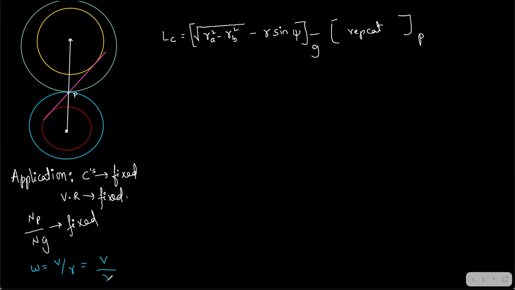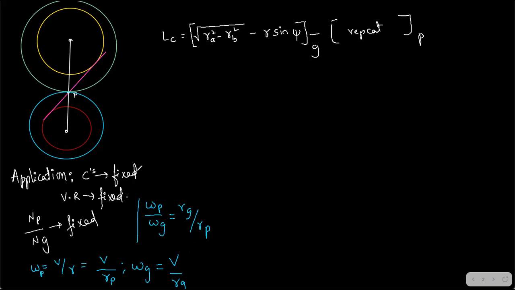For the pinion, omega pinion is V by RP, and omega gear is V, the same, by RG. So omega P by omega G is equal to, V gets cancelled, RG by RP. This ratio will be constant for us, and the velocities won't change.